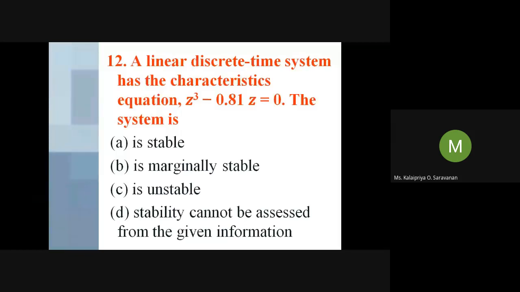Look at this question: a linear discrete time system has the characteristic equation z power 3 minus 0.81 z is equal to 0. They've asked whether the system is stable, marginally stable, unstable, or stability cannot be assessed from the given information.